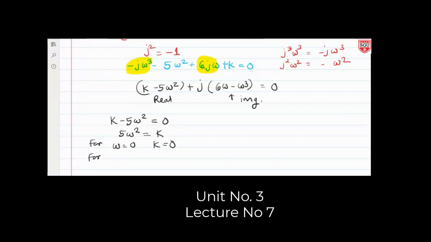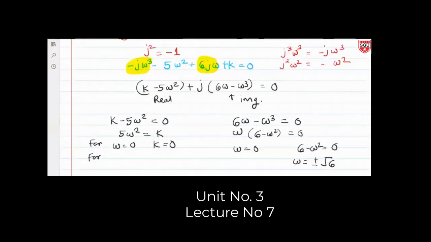Second equation: 6 omega minus omega cube is equal to 0. So I will take omega common: omega into 6 minus omega square is equal to 0. So omega is equal to 0, or 6 minus omega square is equal to 0, which means omega is equal to plus minus under root 6. Like that, we will get some values of omega.